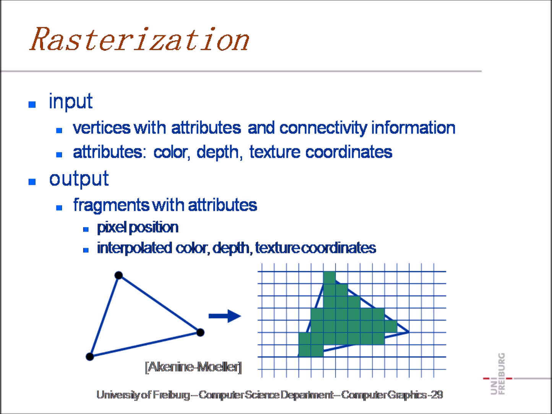If you observe the figure on the slide at the left side, 3 vertices, 3 points shown in black full circles, are connected together to form a triangle. This is an input which has to be rasterized with the help of the rasterization process on a 2-dimensional grid, which results in the form of fragments.